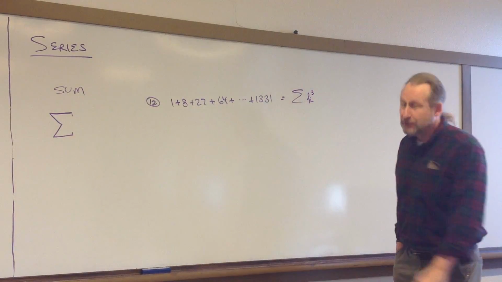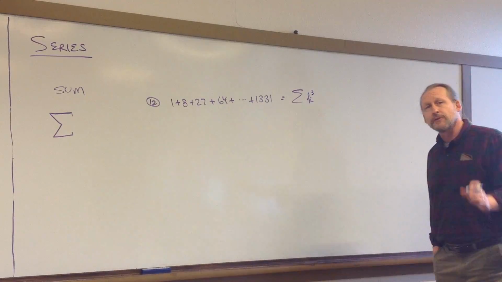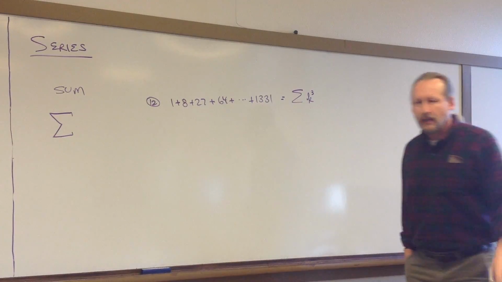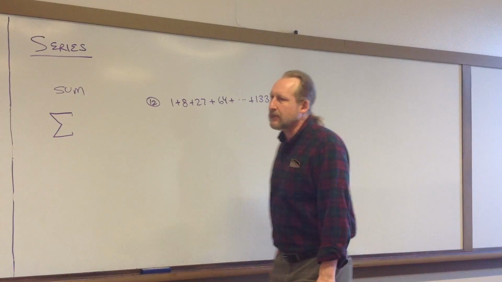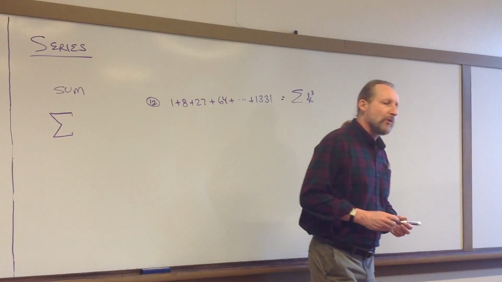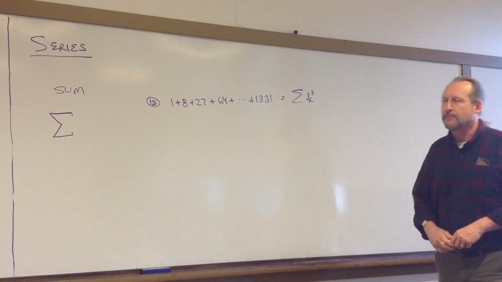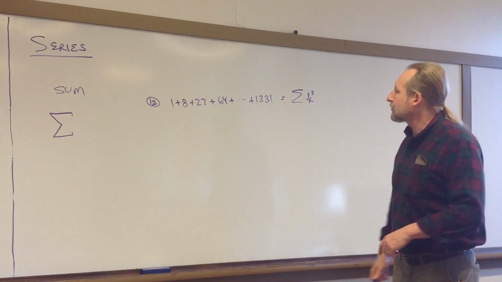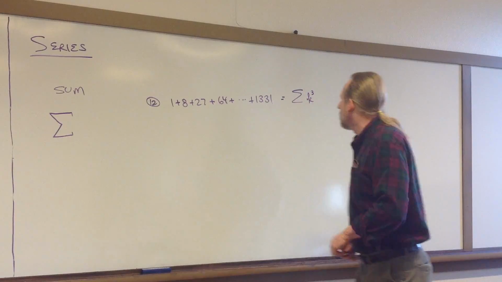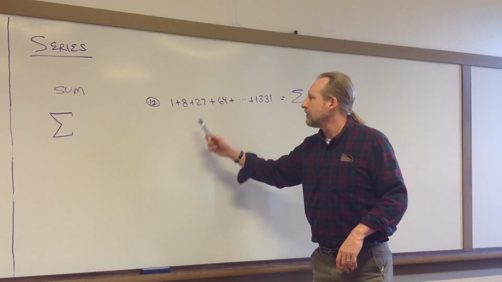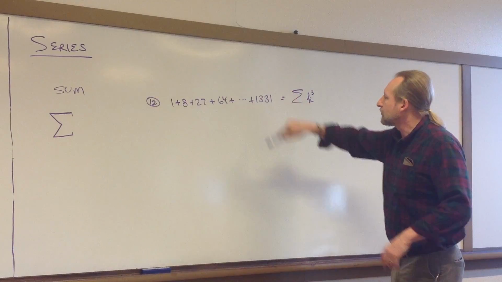These are perfect cubes, okay? Perfect cubes and perfect squares are good things to keep in mind, as I think I mentioned in one of those previous sections on sequences, if you're trying to find a formula for something, okay? So this one turns out to be perfect cubes. So this is 1 cubed, 2 cubed, 3 cubed, 4 cubed, and so on.